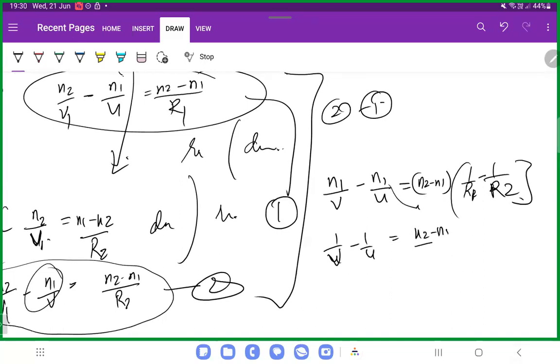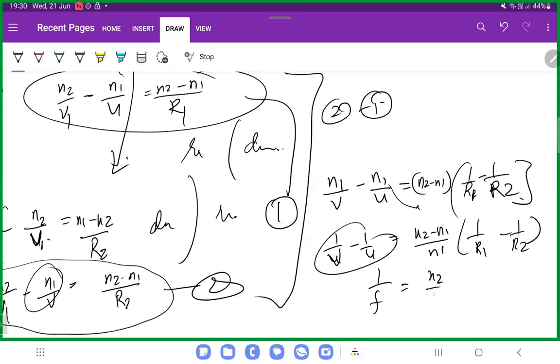N2 minus N1 by N1, 1 by R1 minus 1 by R2. So this is your 1 by F, and 2 by N1 minus 1.